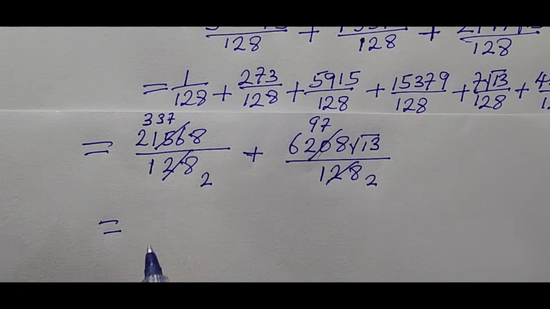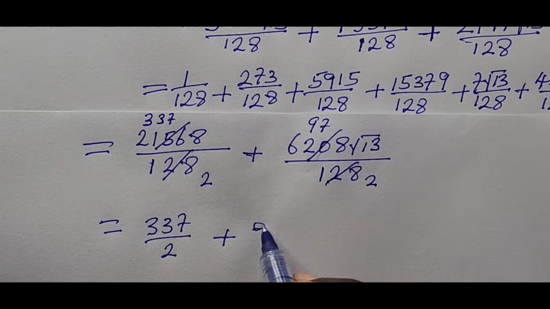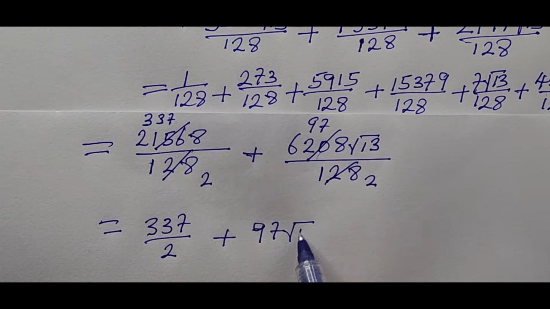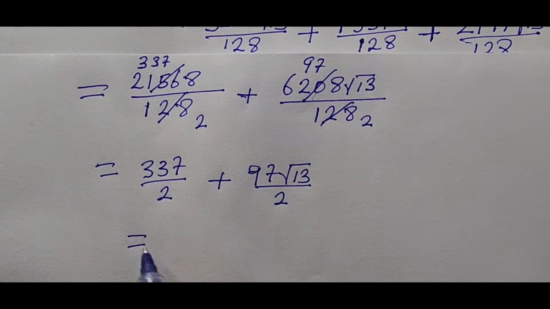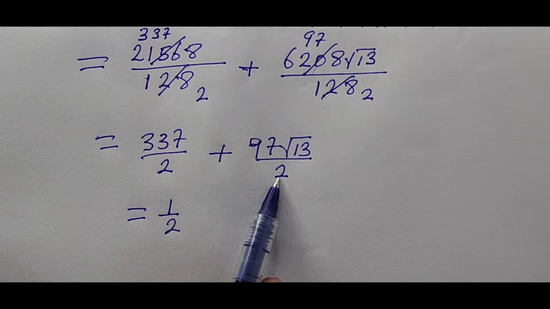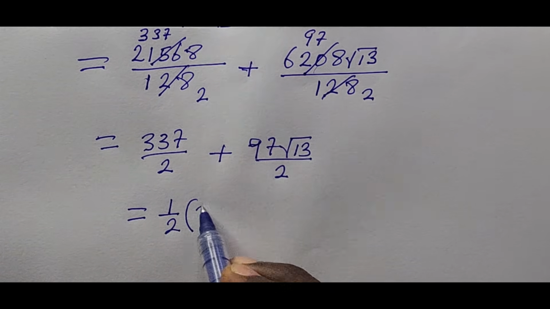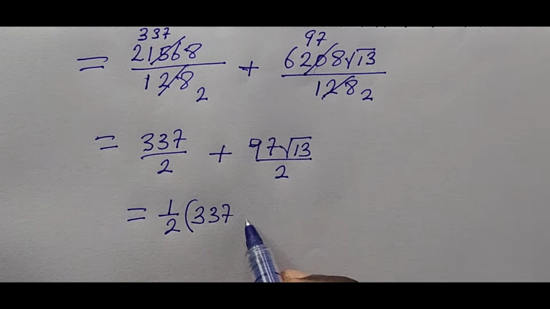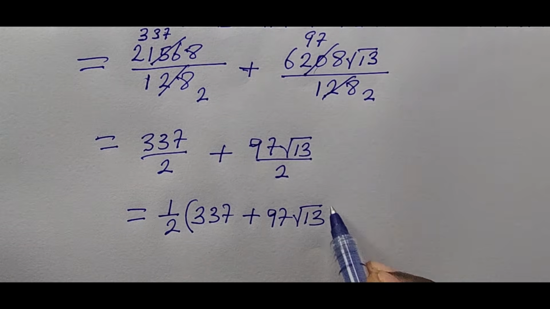So rewriting this, we're going to have 337 all over 2, plus 97 root 13 all over 2. So this expression could be written as 1 all over 2, because nothing can divide this and nothing can divide this without remainder, into 337 plus 97 root 13.